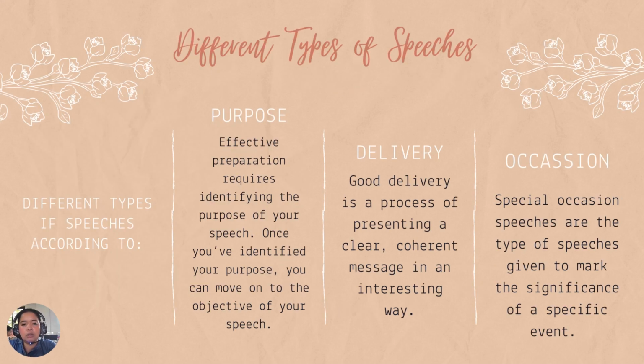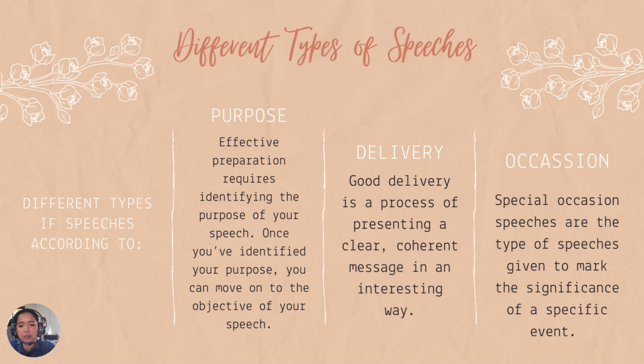So let's move on. As we discuss public speaking, we do have different types of speeches, according to first, the purpose, second, the delivery, and third, the occasion. When we talk about purpose, this is about your objective when you have a speaking engagement.